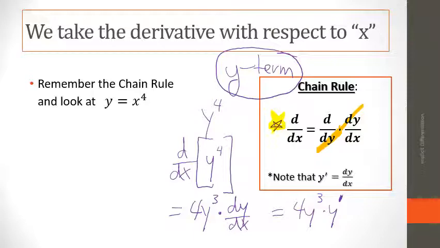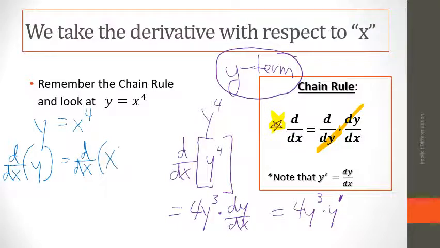Okay, so look over here on the left. I said take the derivative of y equals x to the fourth. So we have y equals x to the fourth, and we need the derivative with respect to x of both sides. So the derivative with respect to x of y. Well, remember, first, this is 1y to the first, we have to do this chain rule over here again.